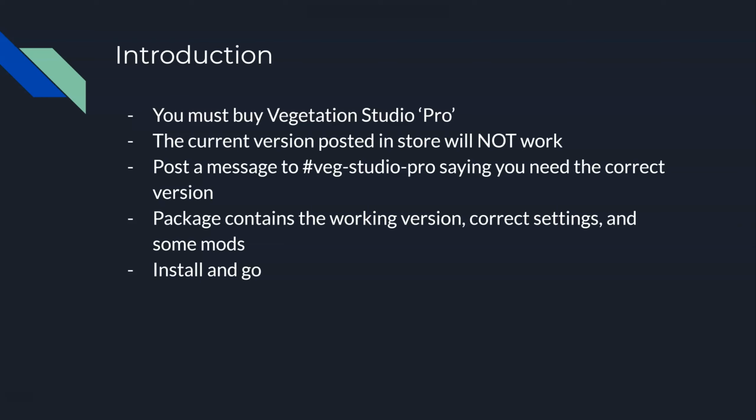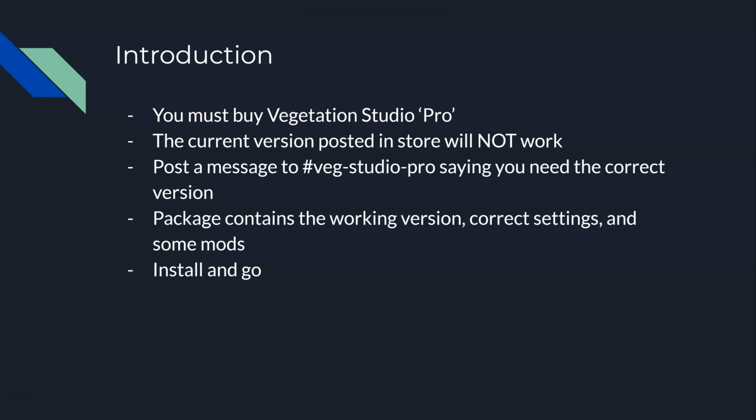But post it in there, say, hey, I just bought Vegetation Studio Pro. I'll DM you. At that point, be prepared to send me a copy of your receipt, something that shows your name, that you paid, and that you essentially bought the software. A photocopy of your email receipt, a screenshot, whatever, of your invoice, just so I have some proof here and I don't get myself into trouble.